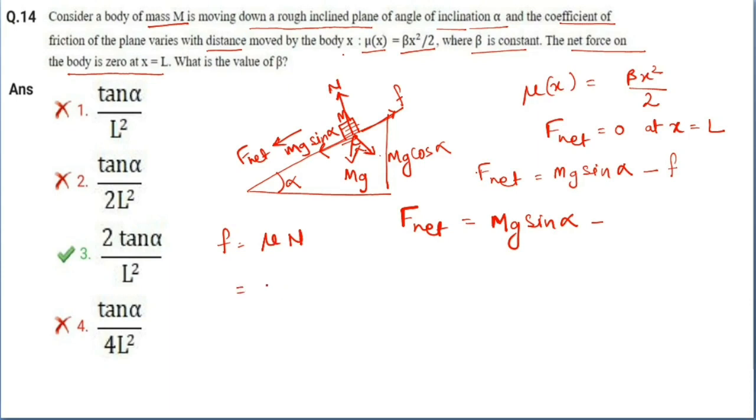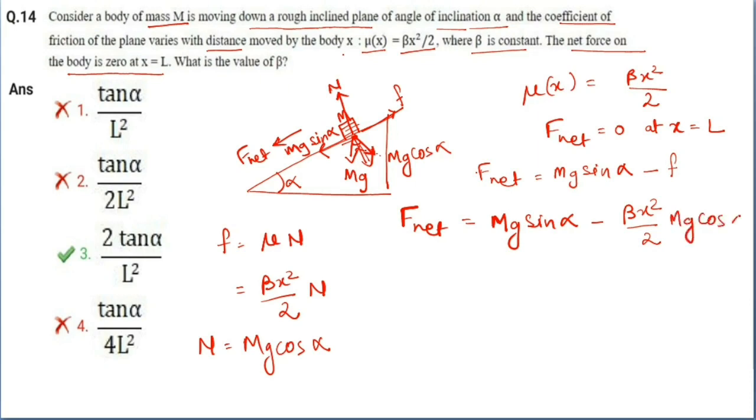Here mu is given as beta x square by 2, and the normal reaction balances the force mg cos alpha. So in place of frictional force we can write beta x square by 2, and in place of N, mg cos alpha.